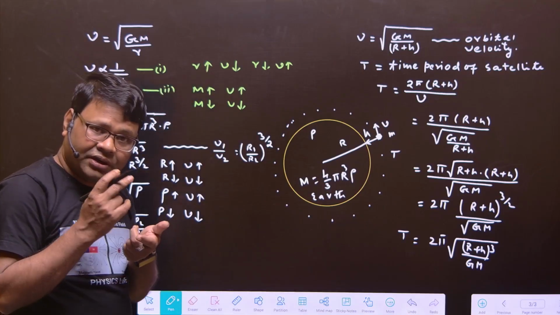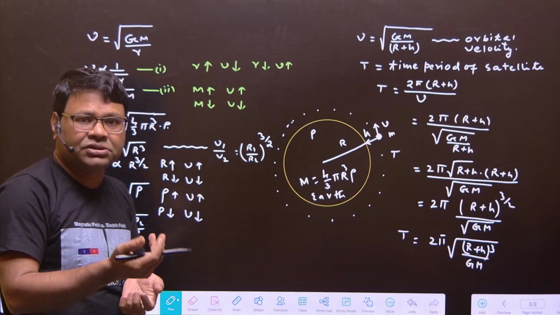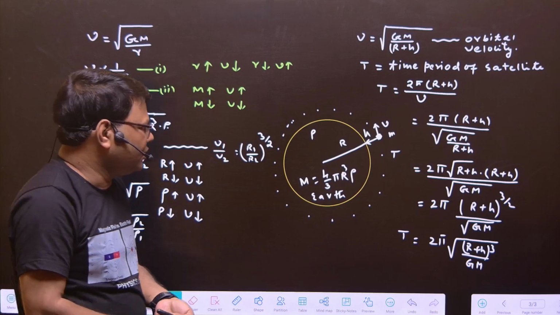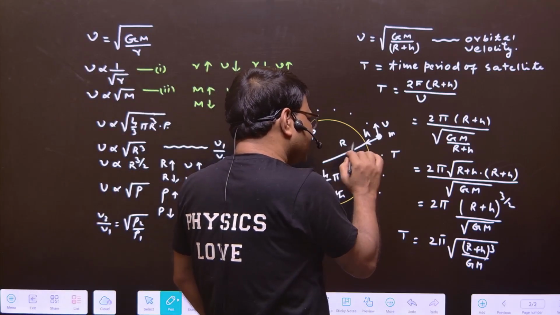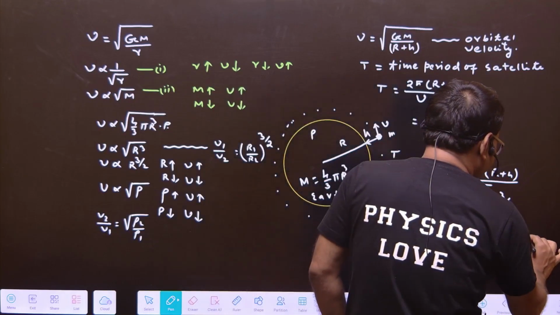But here one condition is what? Suppose h is very much less than r, which means the satellite is revolving very near the surface of the earth, so that height is very small.